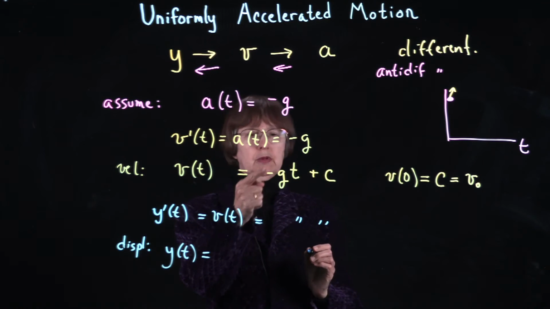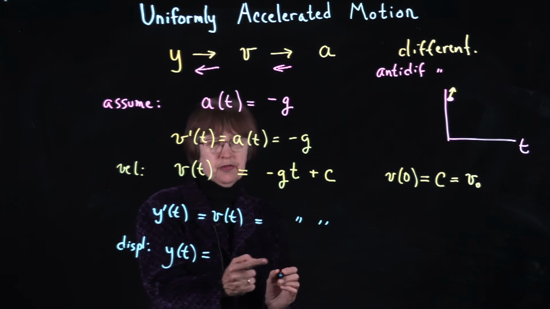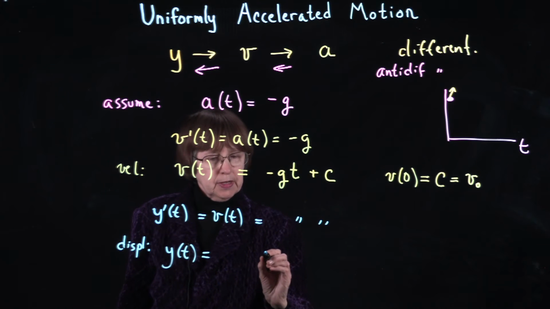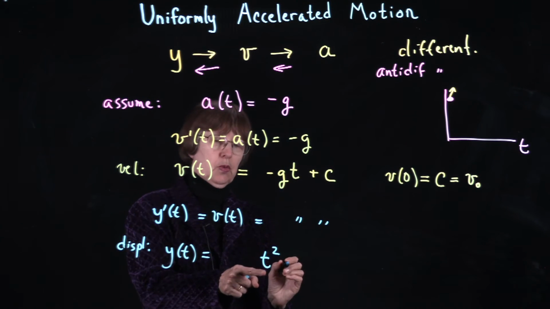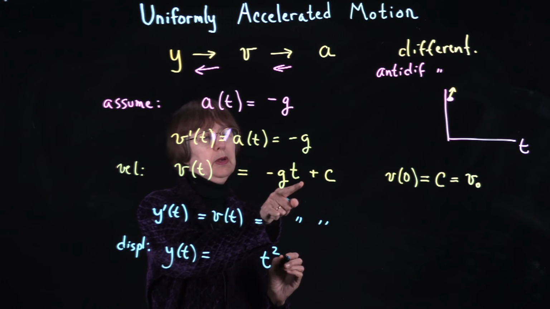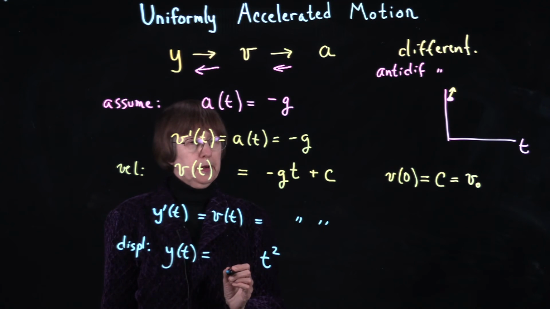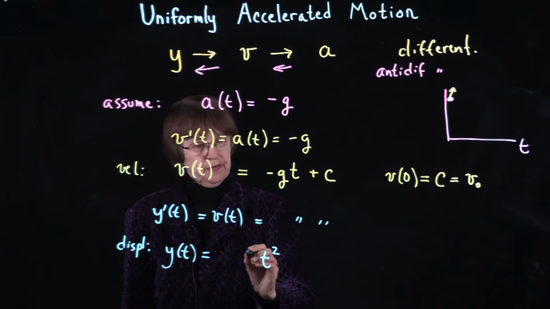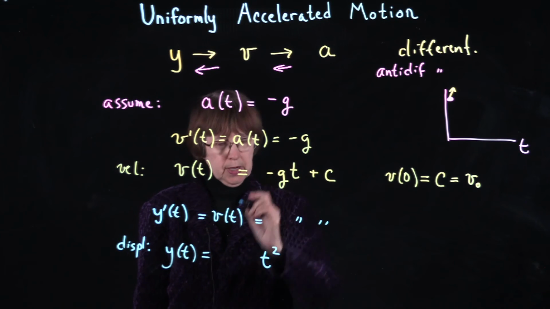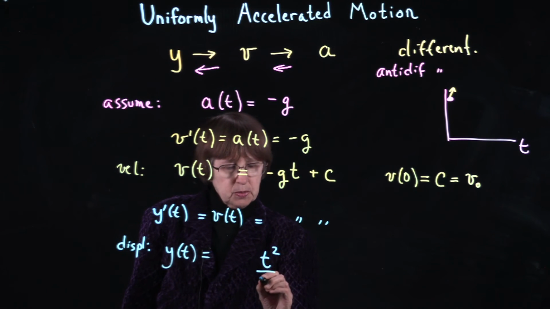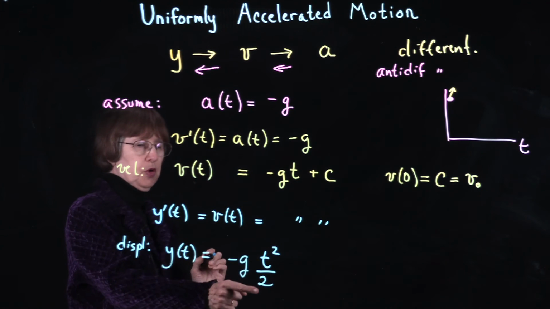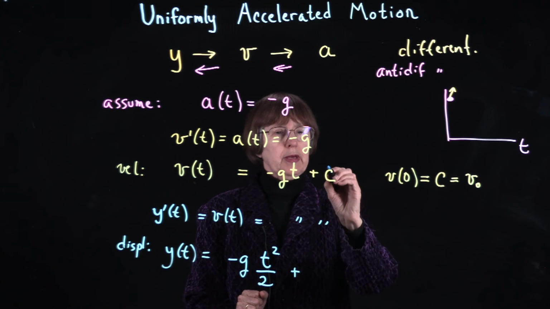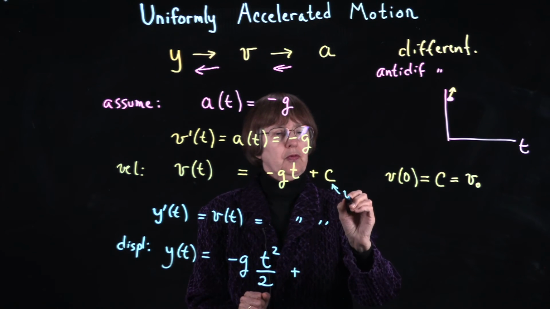Now, in order to be able to get this, when we differentiate the displacement, we have to have one higher power for the variable. So when we differentiate t squared, we'll get the power t to the 1. But we'll also get a factor of 2 that comes out. To account for that, we're going to divide this by 2. And so altogether, we'll have minus g over 2 t squared, remembering that now this is v0.